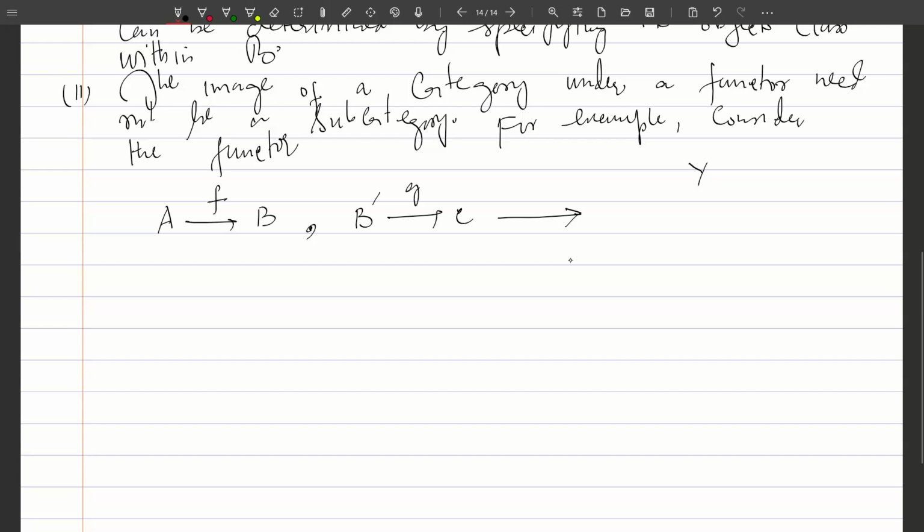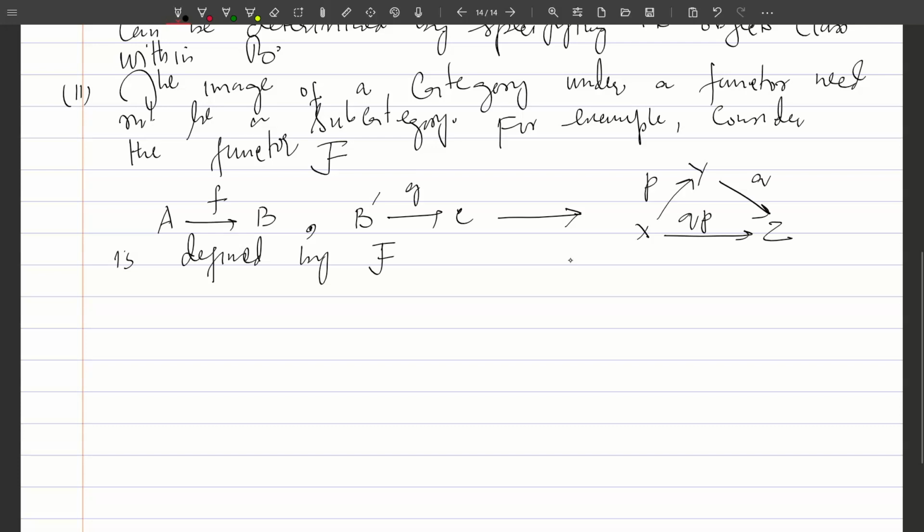So we have Y here, we have X, we have Z here. The morphism F between objects A and B is carried to the morphism P between objects X and Y, and G is carried to the morphism Q. Then by composition, this is the morphism QP. Let us call this functor F.